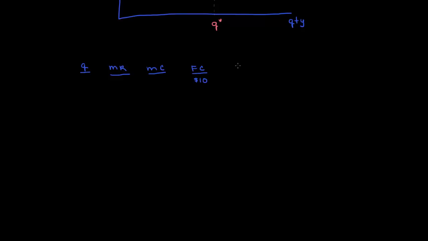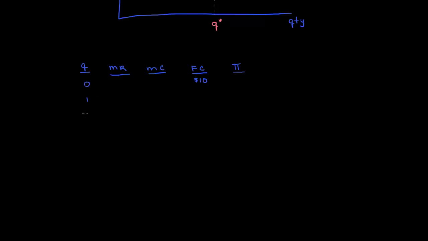So let's suppose that here we have this column for profit, and we'll show how you can calculate profit by looking at the marginals and ultimately deciding how much should be produced. So let's put in some quantities here.